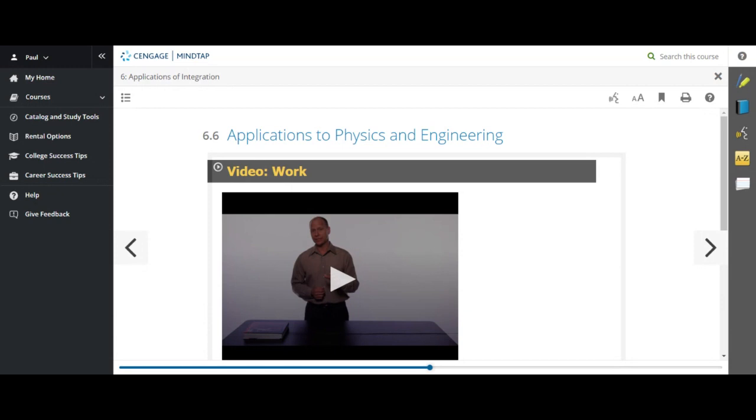That's one reason why calculus is often a prerequisite for these types of classes. And we're going to learn some fundamental applications where calculus is used to help us, like in physics.